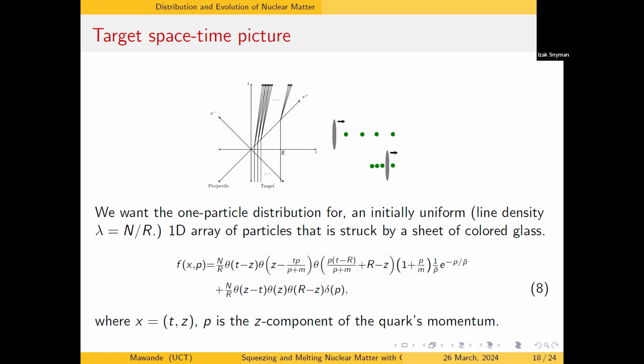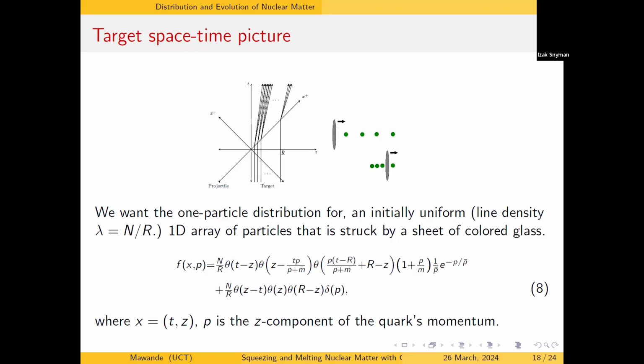Okay, so I'm taking two steps down, and I'm making it a one-dimensional one, right? For that, it also depends on time as well. So we're going all the way down to one dimension of momentum and one dimension of space, z, and in that case it takes this form, where this theta function describes the matter that is behind the sheet.